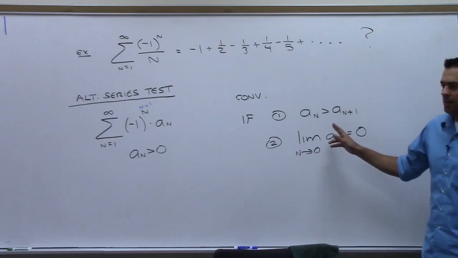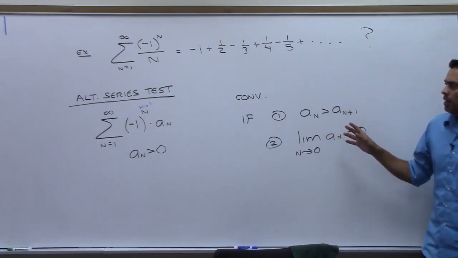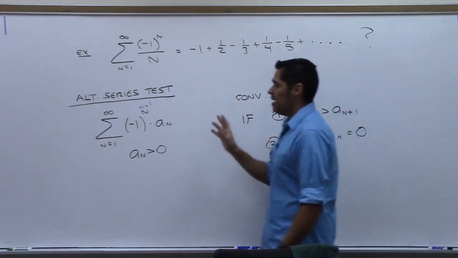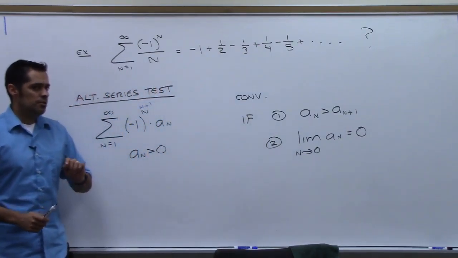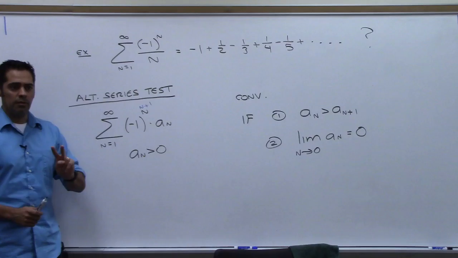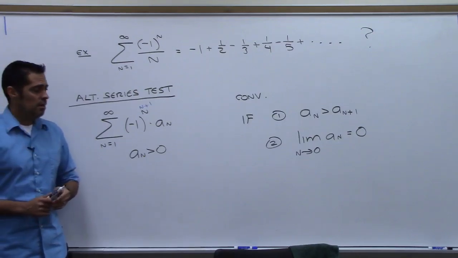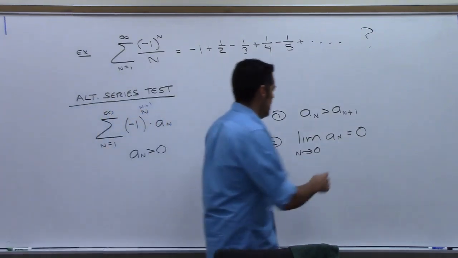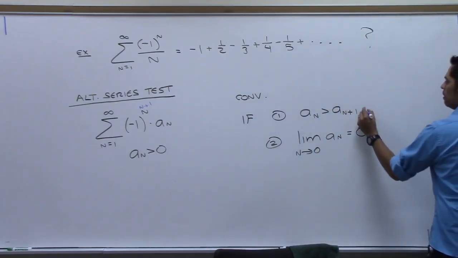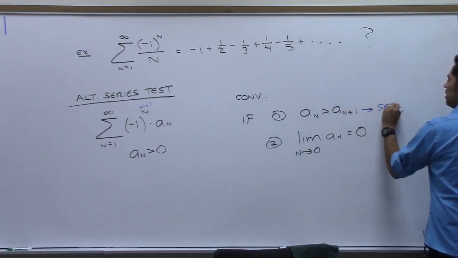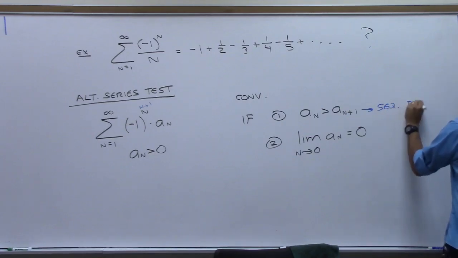Now this is interesting because this test says that if you have an alternating series, there are only 2 conditions that have to hold for you to say it converges. The first condition is that the sequence is decreasing.